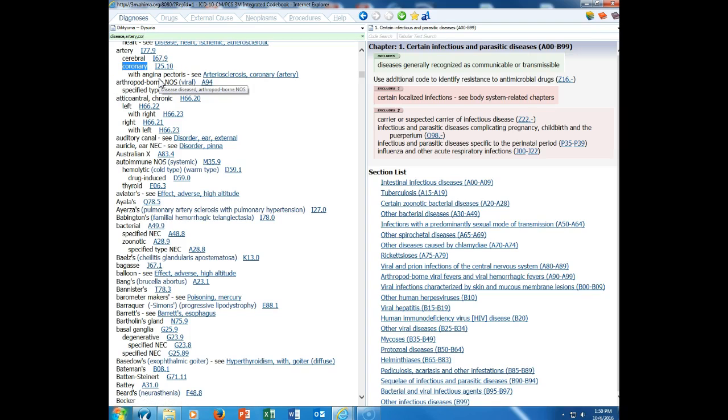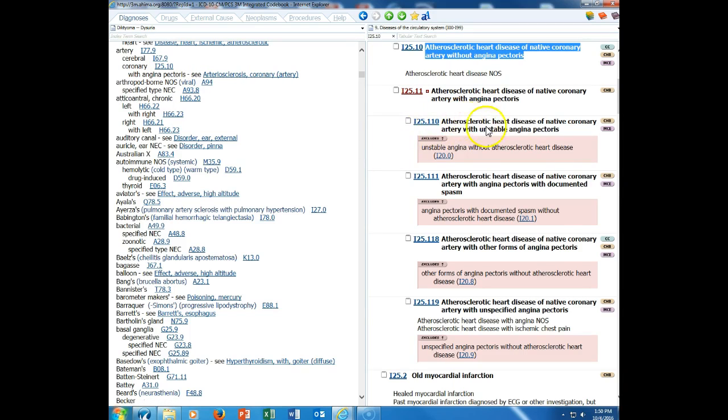There is a code for acute coronary syndrome. If you actually assigned the code for atherosclerotic heart disease with unstable angina, I gave you credit for that. So I25.10 is the code that your book uses for this CAD.